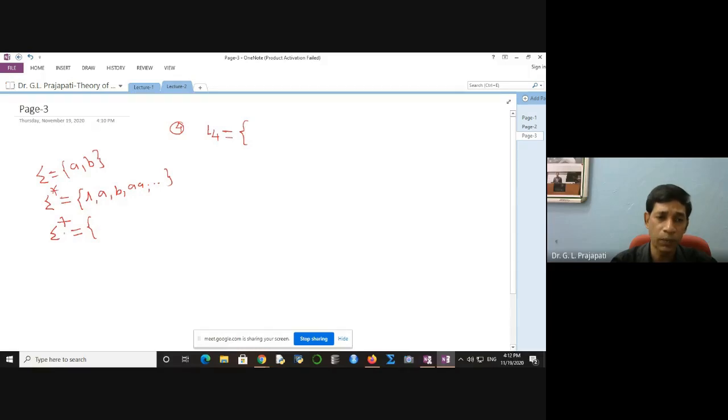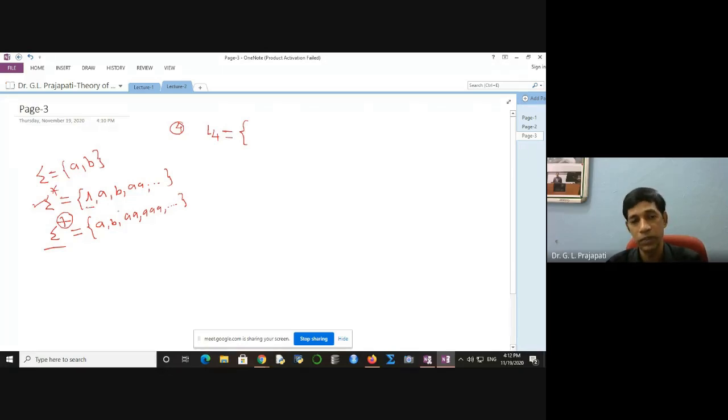Sigma plus denotes all possible strings of length 1, length 2, length 3, and so on. So this is the only difference. Whenever I write sigma plus, it means that in this set you don't have the null string. Whenever I write sigma star, it means null can also be there in this set.